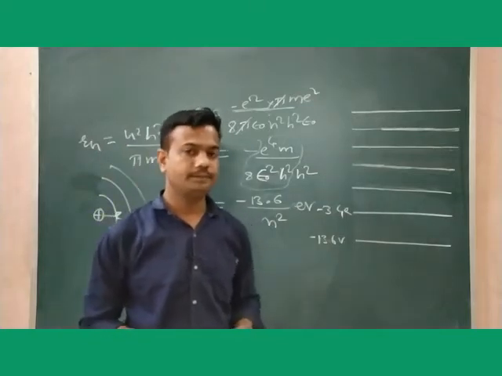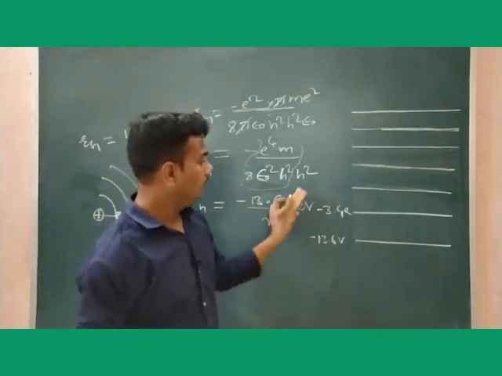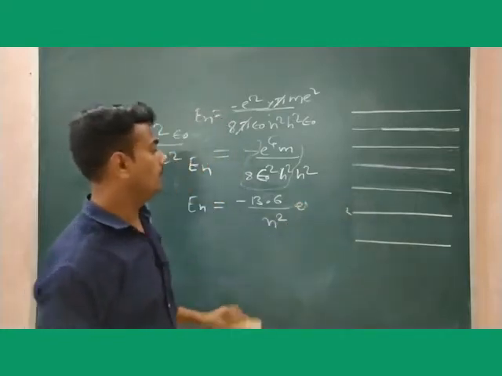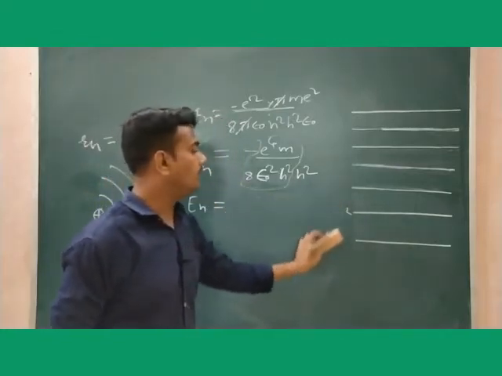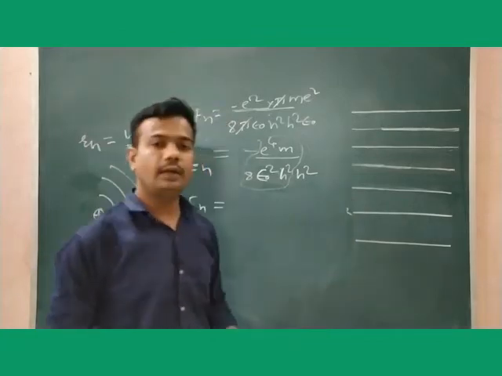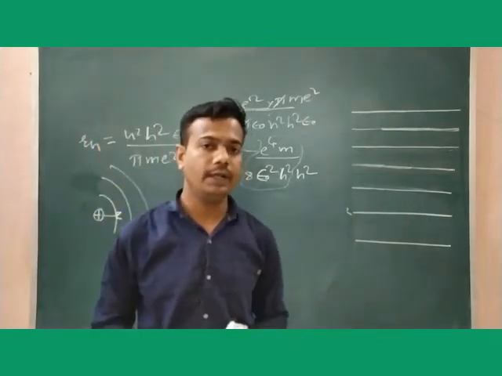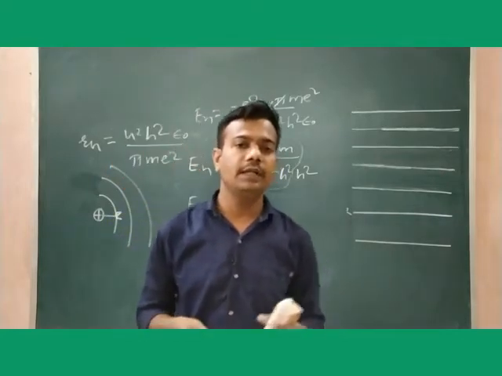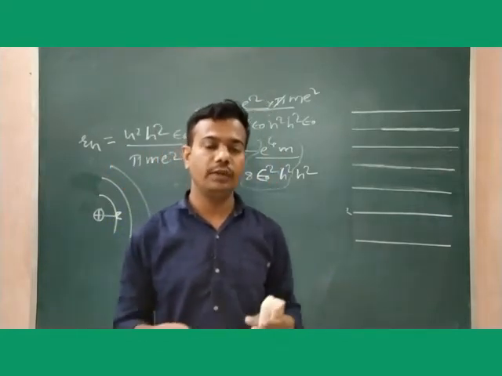Now suppose an electron is making a transition from a higher orbit to a lower orbit. In that case energy is emitted, and it is given by the difference between the two energy levels.